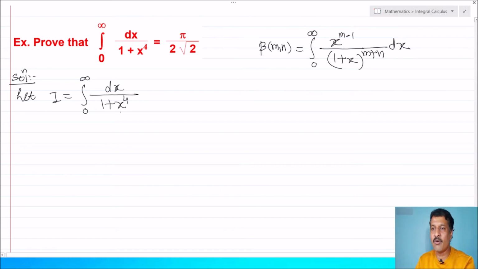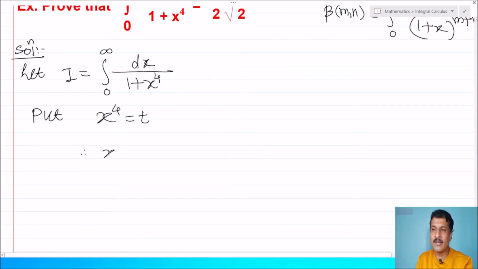Here I want a single variable with power 1, and that is why the substitution is very clear: x raised to 4 equals t, and therefore x is t raised to 1 by 4, and dx equals 1 by 4 t raised to 1 by 4 minus 1, meaning minus 3 by 4, into dt.